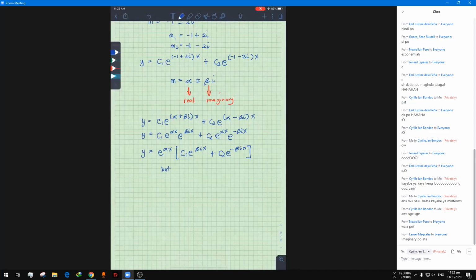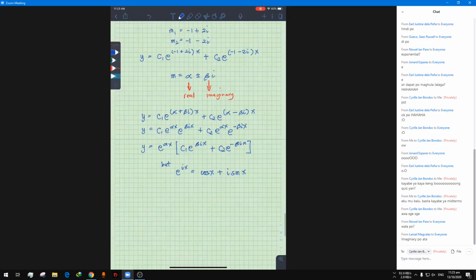Kaya lang sa exponential, it involves the Euler function. So meron tayong ginagamit na identity na e raised to ix is the same as cosine x plus i sine x. So that's an Euler function. Parehas lang yan, cosine x plus i sine x.